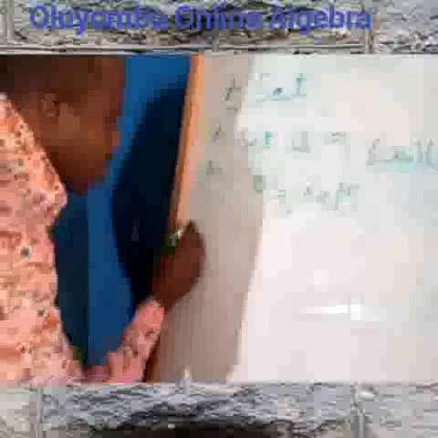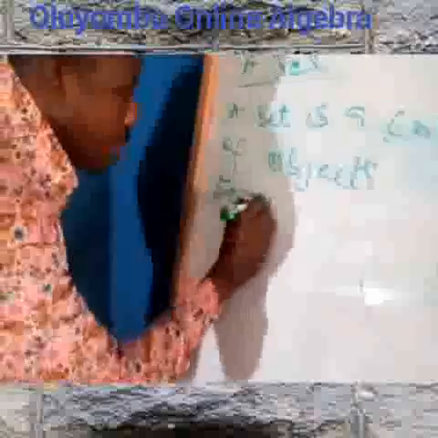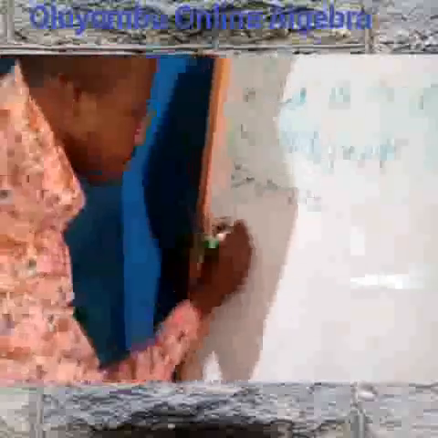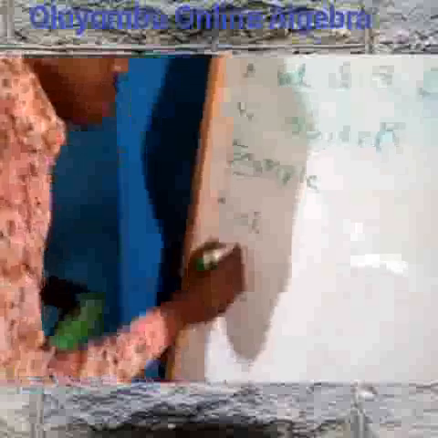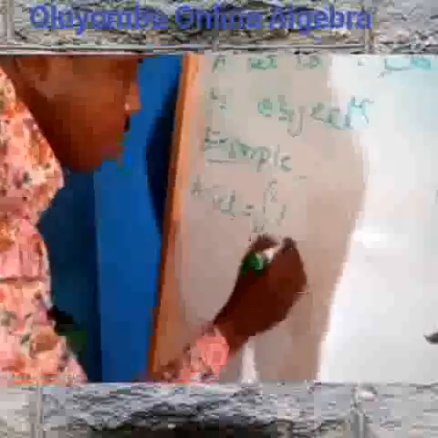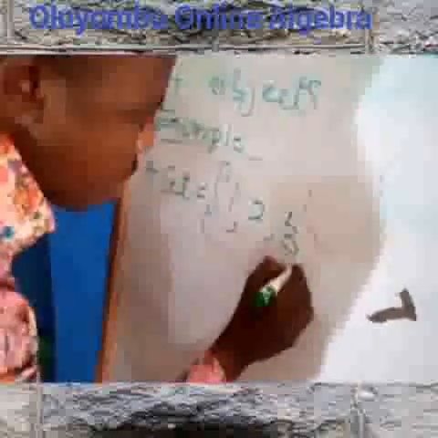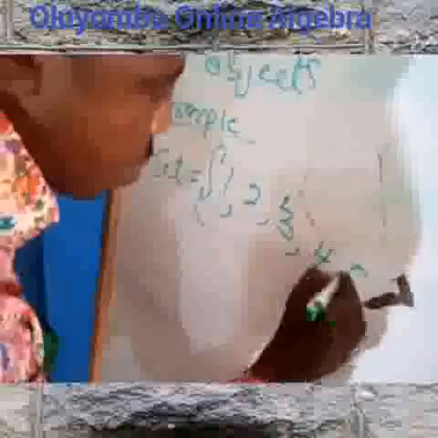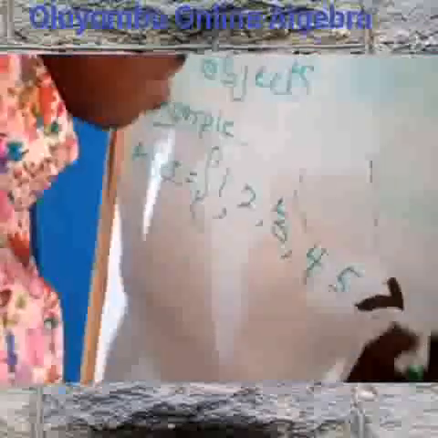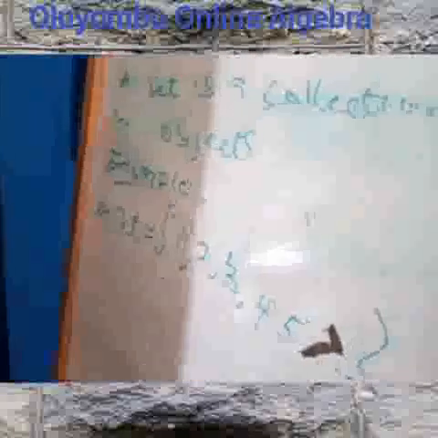Now, for example, a set is equal to {1, 2, 3, 4, 5}. So that is a set.